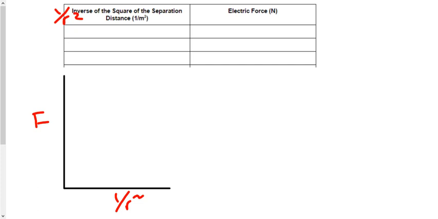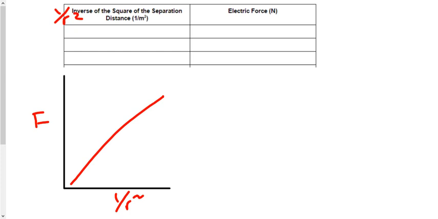All you've got to do is set a formula in there once, and it should copy the formula down and do the calculations for you. So plot this graph, F versus 1 over r squared. What do you think the shape of this graph should be? F versus r gave you this graph. F versus 1 over r squared gives you a straight line, because that is the relationship in the equation.